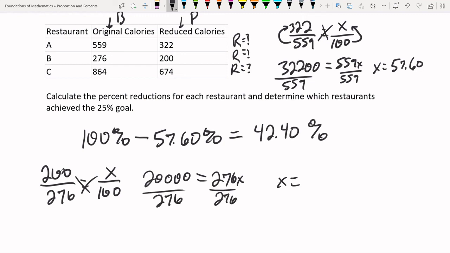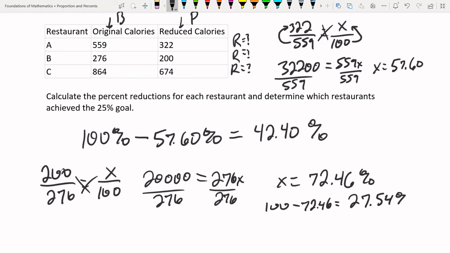Now we get, make sure I have zeros in my 20,000, 72.46%, which if you take 100 minus 72.46, we get 27.54% reduction. And so that one also completed its goal.